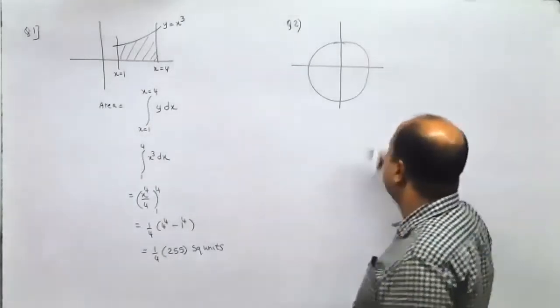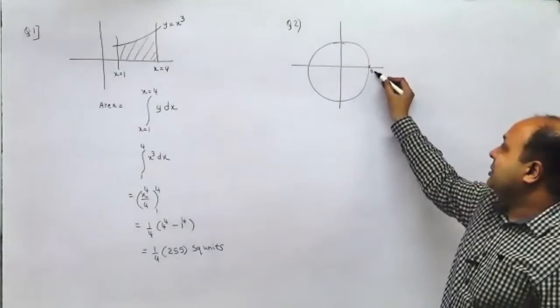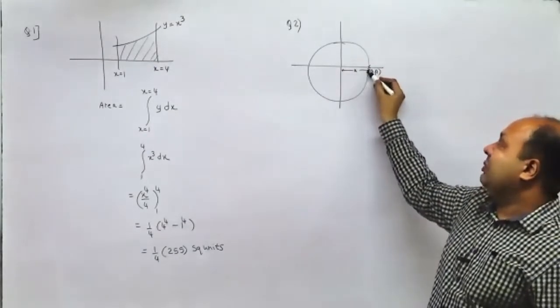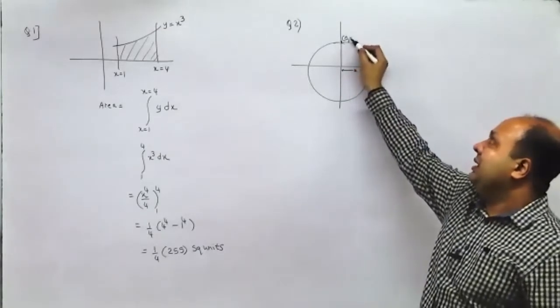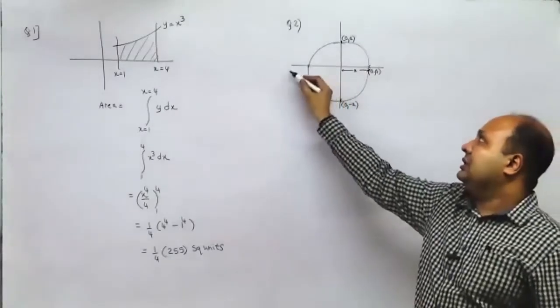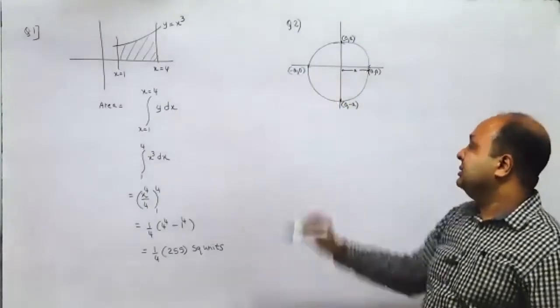They have made some mistake here. Suppose the radius is a, then this is a comma 0. This is 0 comma a. This is 0 comma minus a. This is minus a comma 0.